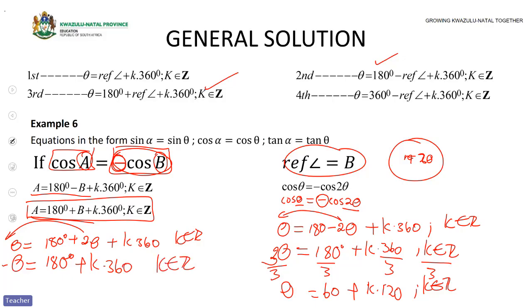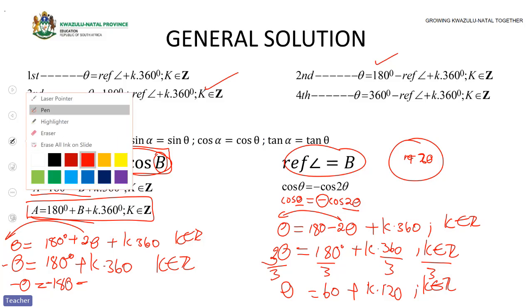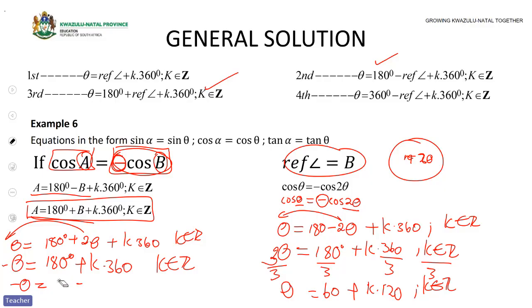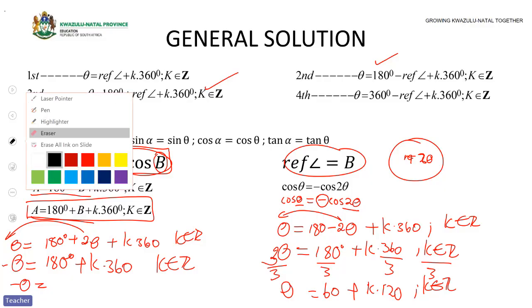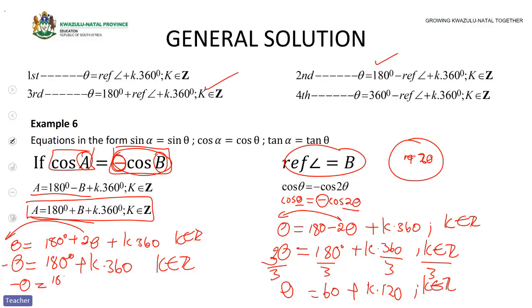And then we are going to divide by negative. So it will be 180 plus k times 360.